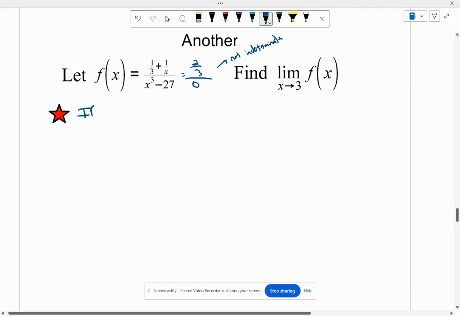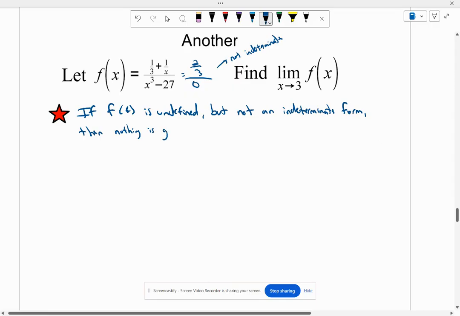So the last thing to copy down is, if you plug that value into your function and it's undefined, but it's not an indeterminate form, so it's not a 0 over 0 case, then nothing is going to divide out.